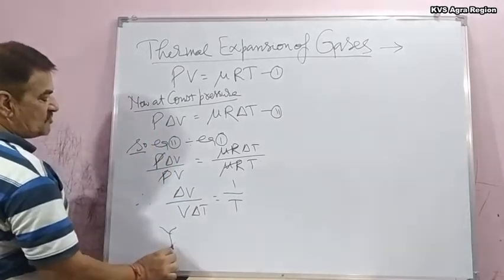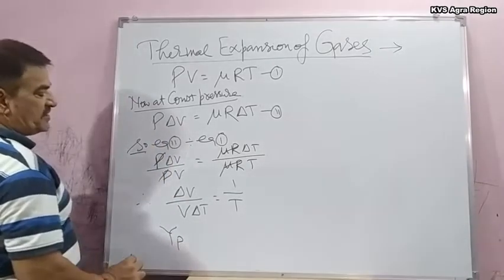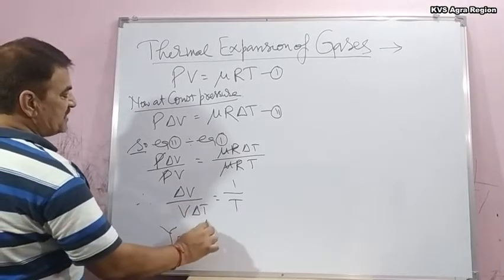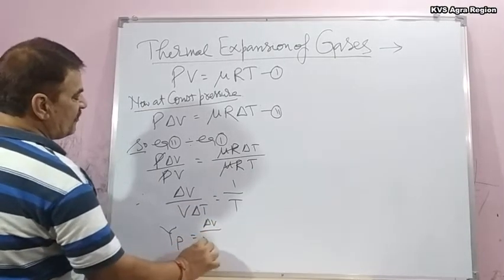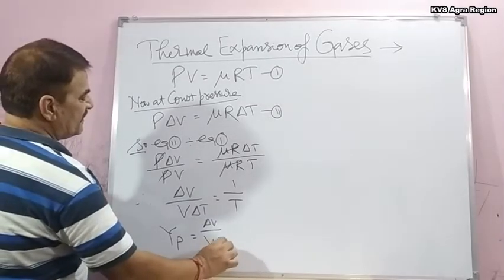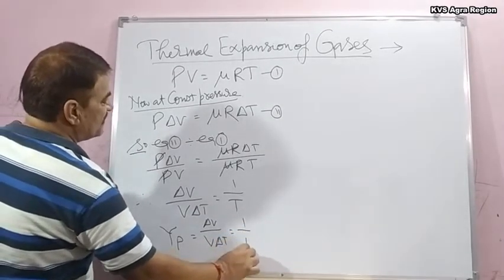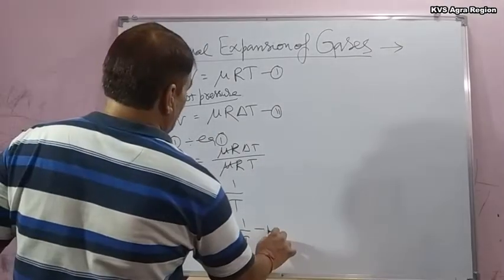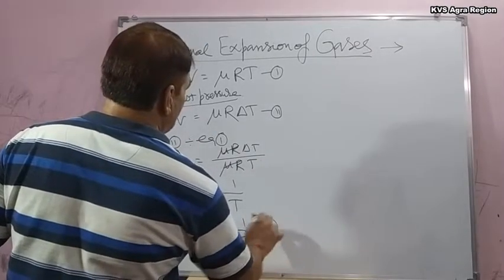So gamma, the coefficient of volume expansion at constant pressure, is equivalent to delta V upon V delta T, and it is equivalent to 1 upon T. Let me name it equation A.